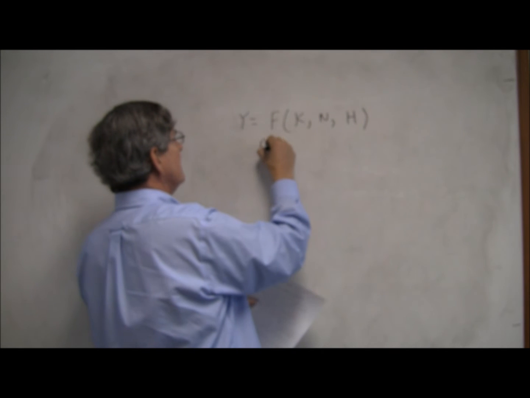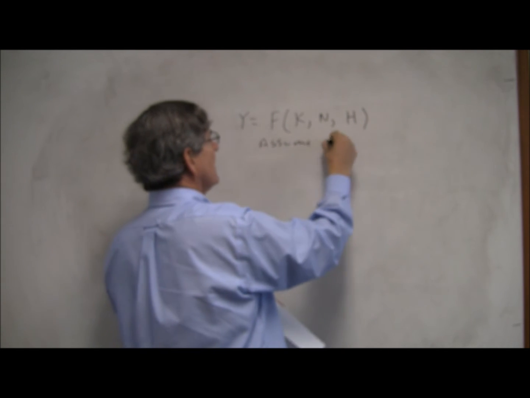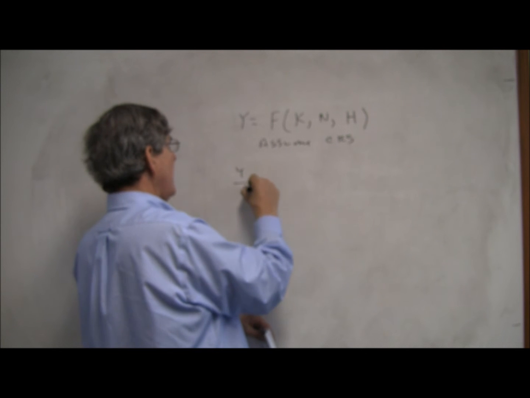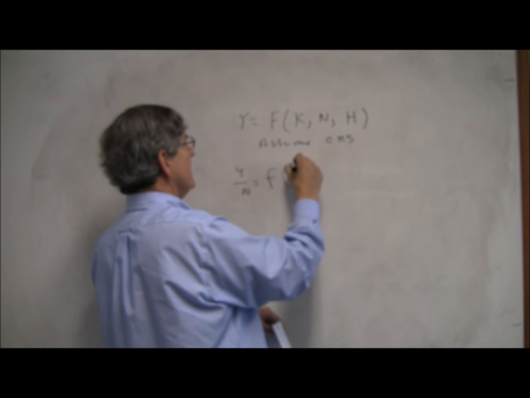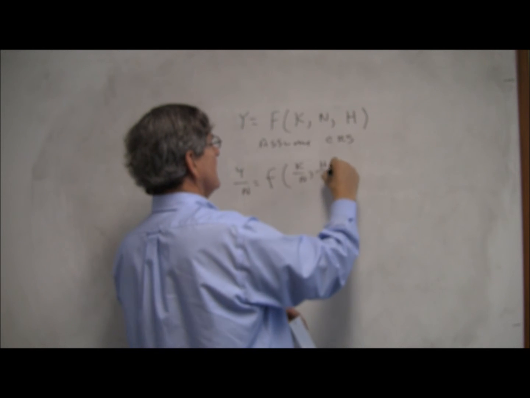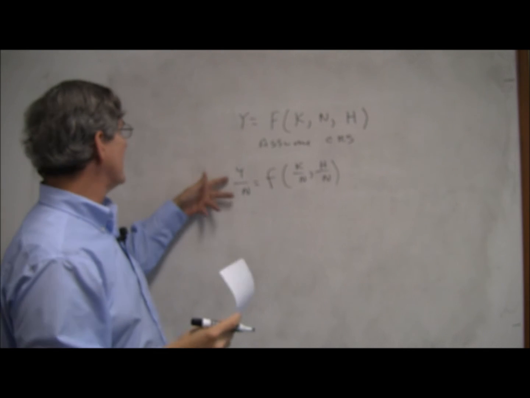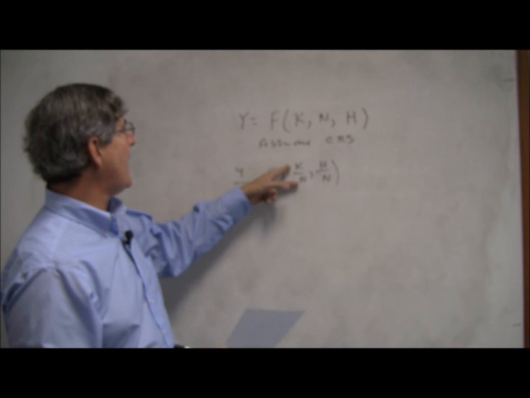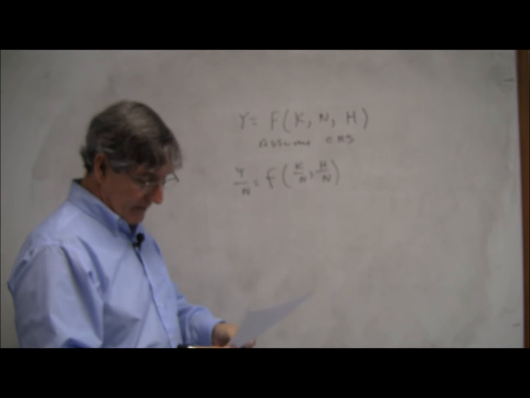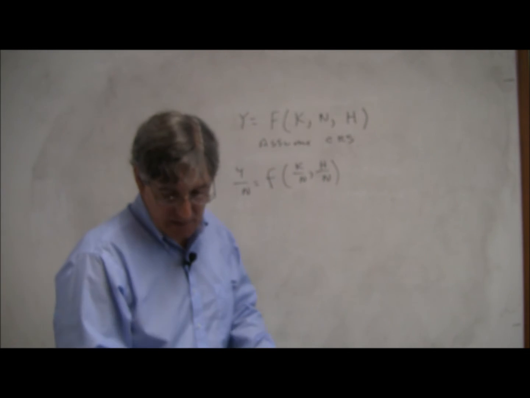If we assume, as we will, constant returns to scale, we can write this as Y over N is some function of K over N and H over N. So output per person depends upon the capital per person, physical capital per person, and human capital per person as well.